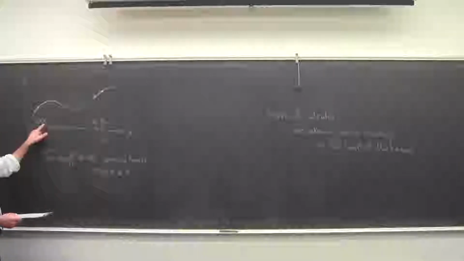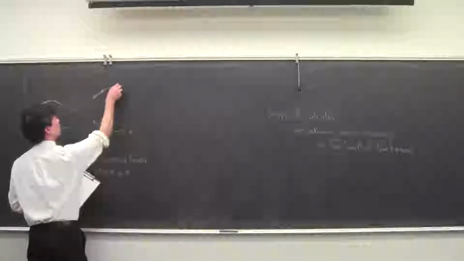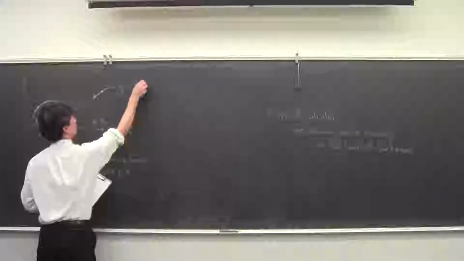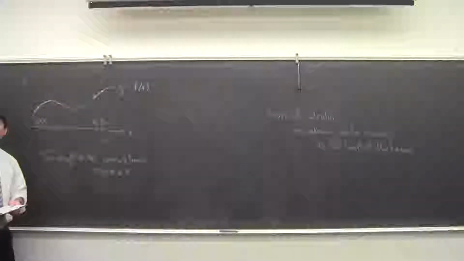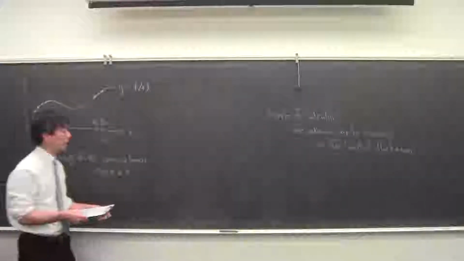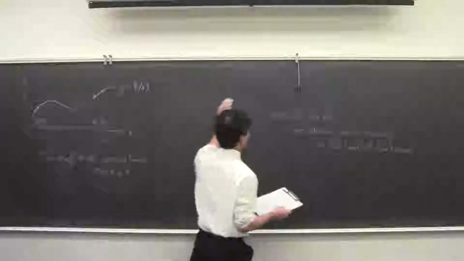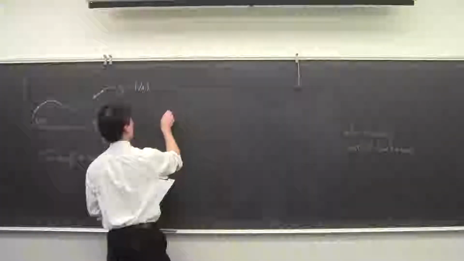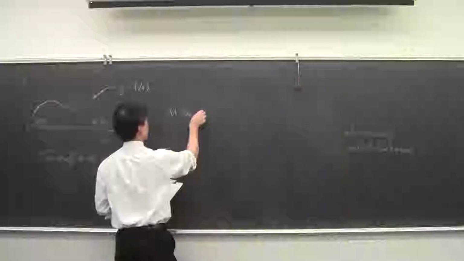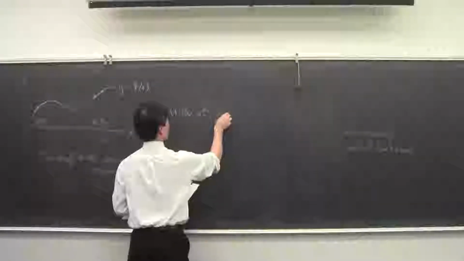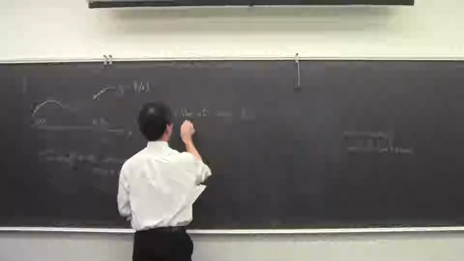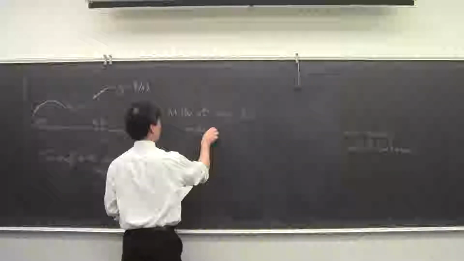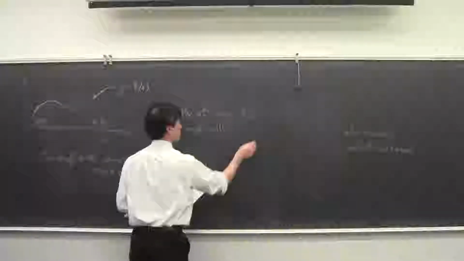Okay. If these points are x0, x1, x2, and so on, and this is the graph of your function f of x, then what's the length at the nth stage? At the nth stage, the length will be something.